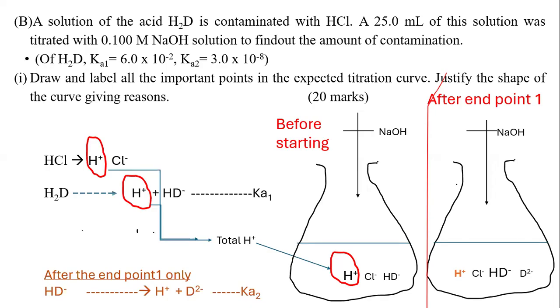So it's not encouraging for the second dissociation. It is not going to happen at this situation, not at the very beginning. So the dissociation of the weak acid stops at HD minus. Okay. You have to get an idea, otherwise you can't draw the titration curve.